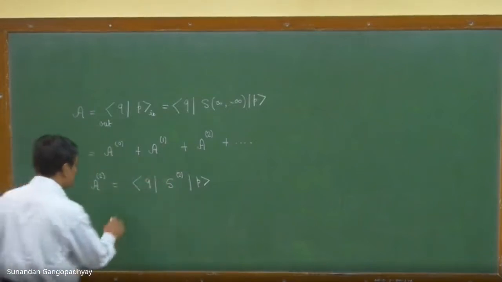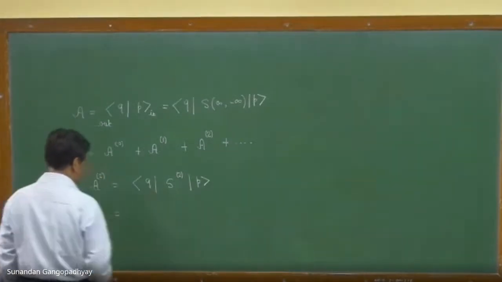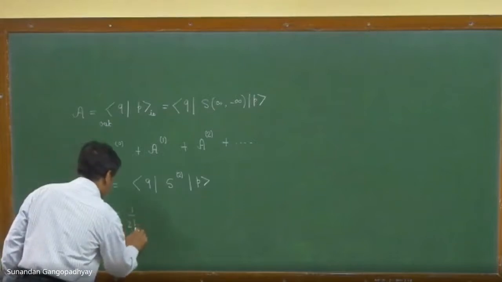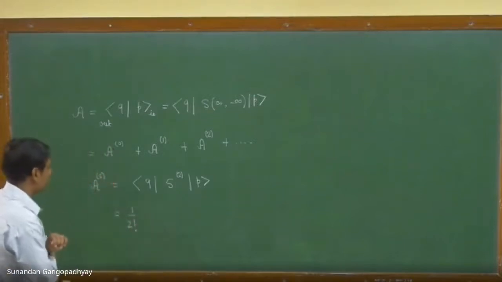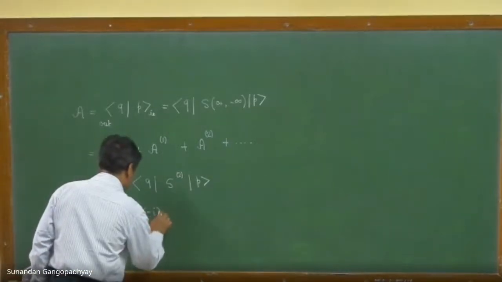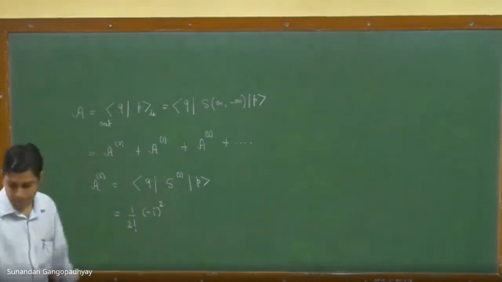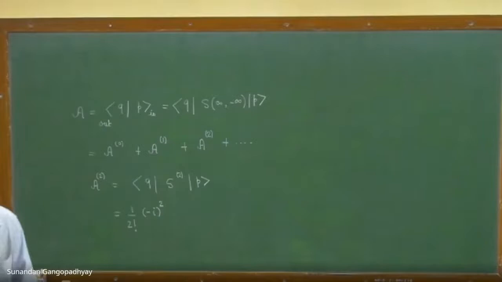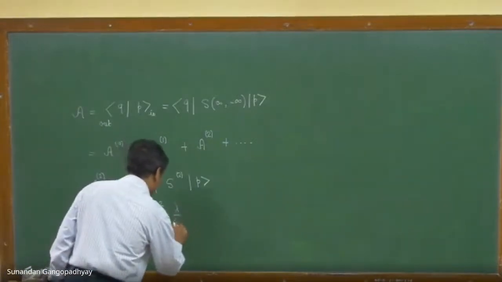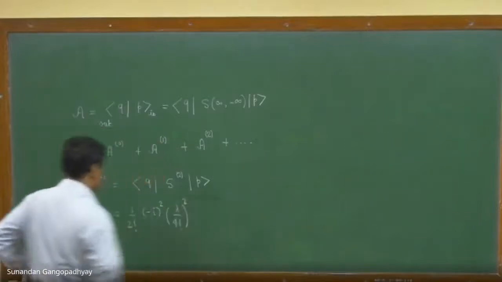And you can write this in the following way. I have 1 by 2 factorial, then minus i whole squared, then we have lambda by 4 factorial whole squared.